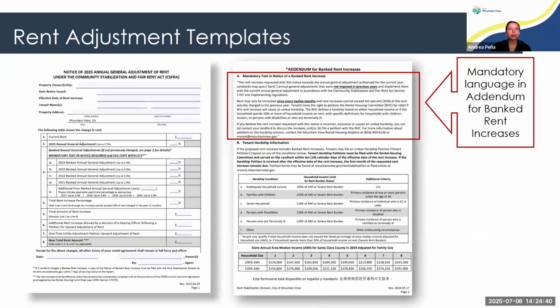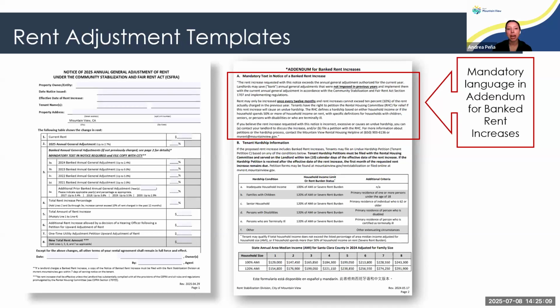And then we also provide rent adjustment templates. You're welcome to use this for your standard rent increases if you would like. They are particularly useful for banked rent increases. It's a little small here, but you may be able to see here, it lists all of the previous AGAs from past years. So you can easily do the math about what may be allowed if you're choosing to use a banked rent increase.